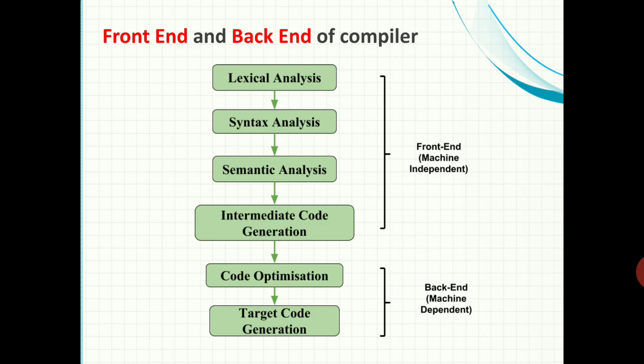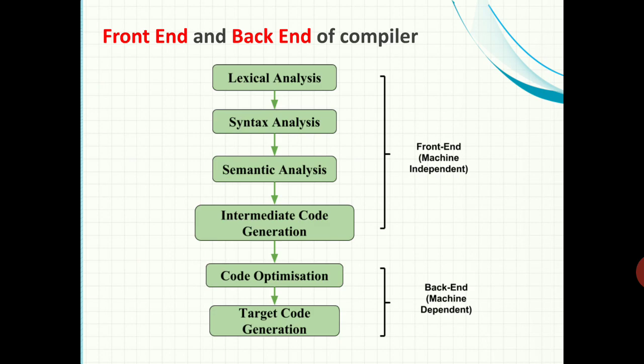The first group, we can say, is the analysis phase. The second group of phases is the synthesis phase. The first four phases of the compiler form the front end, or the analysis phase.